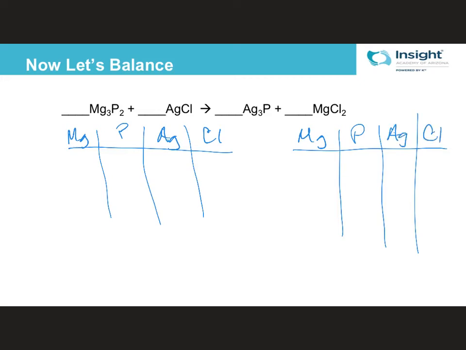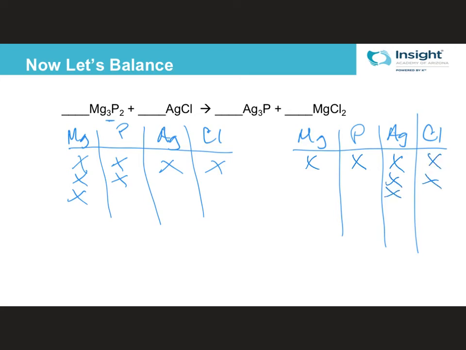How many magnesiums are there in my reactants? There's 3. 1, 2, 3. 2 phosphorus, 1 silver, 1 chlorine. And my products, all right, I've got 1 magnesium, 1 phosphorus, 3 silvers, and 2 chlorines.